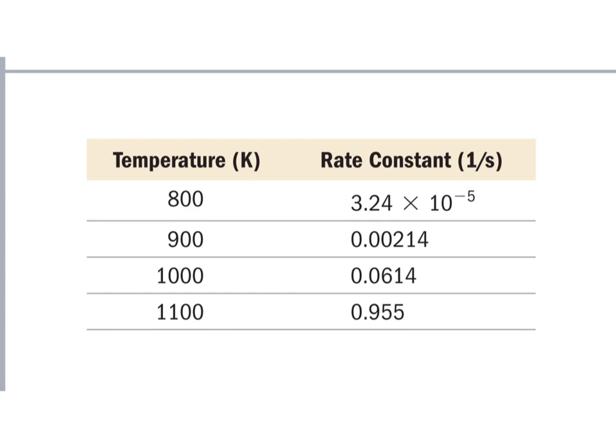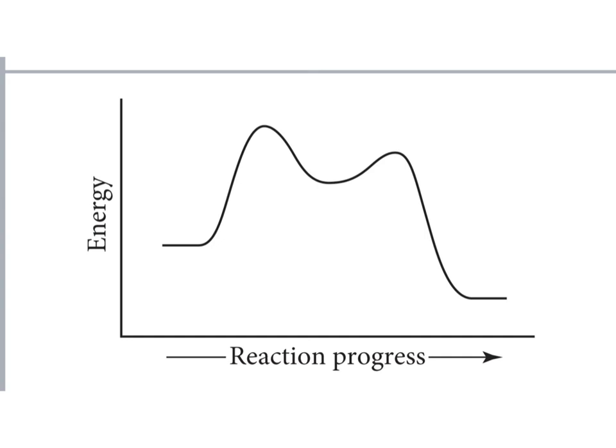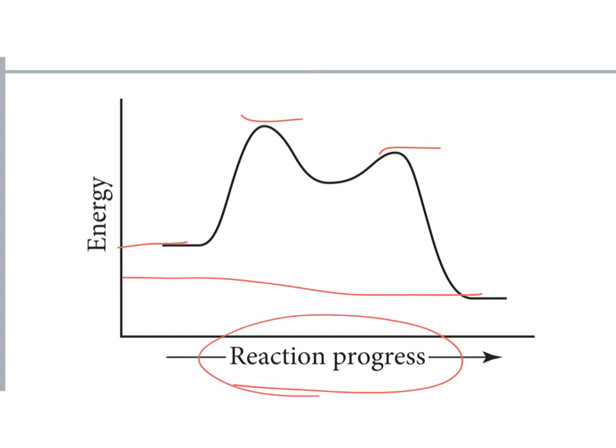Again, we know that temperature is related to the rate constant. We know that the reaction progress has the energetics involved with an activation energy here, an activation energy here, and then the difference in energy between reactant and product. Those are the things that we can look at. Reaction progress meaning essentially over time. All right.